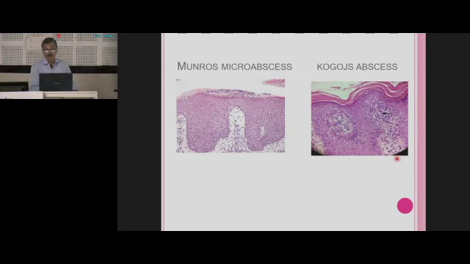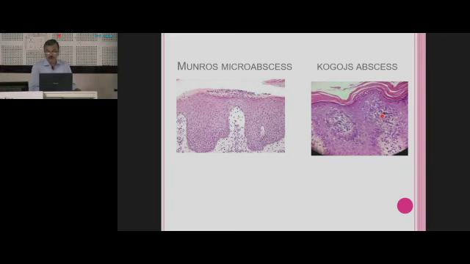Most of the psoriasiform dermatosis are dominated by the lymphocytes in the dermis. But the spongiform pustules of Kogoj and the Munro's microabscess, which show this is the Munro's abscess, which is seen in the keratin layer, whereas this is the spongiform pustule of Kogoj, which is seen in the epidermis.